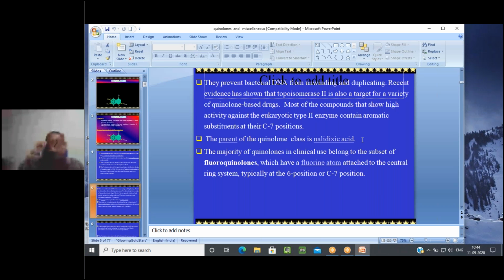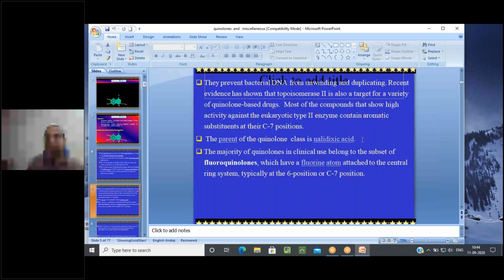There are so many mechanisms: cephalosporins, macrolides, tetracyclines, and here fluoroquinolones. Macrolides and tetracyclines act at the ribosomes, 30S, 50S, 70S, so finally protein synthesis is inhibited.